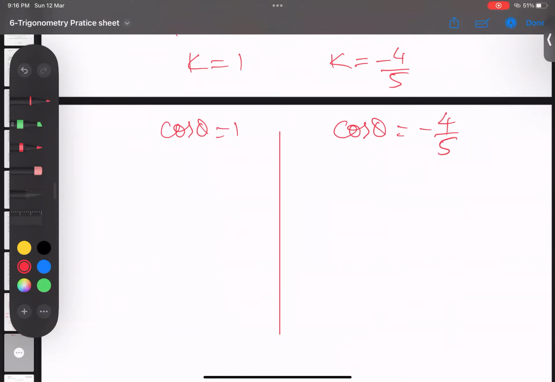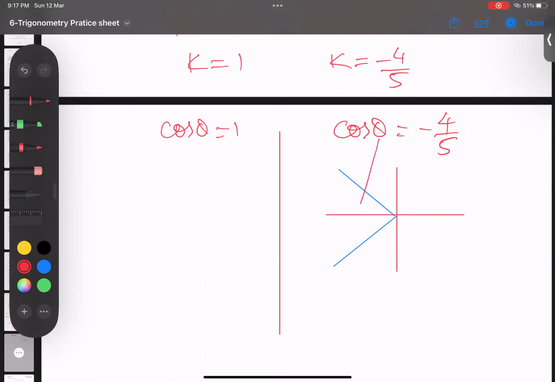You know the cos property, all of you know cos is positive in first and fourth quadrant. And cos is negative where? Cos is negative in the second quadrant and the third quadrant. So this line and this line. So this cos is negative. So first of all, I'm going to solve this one.